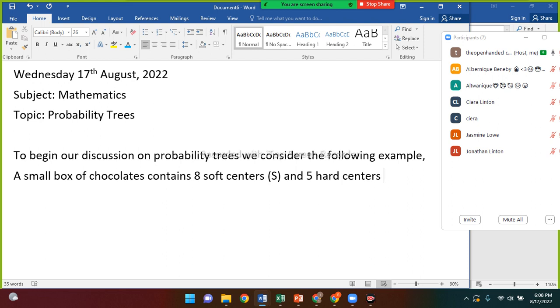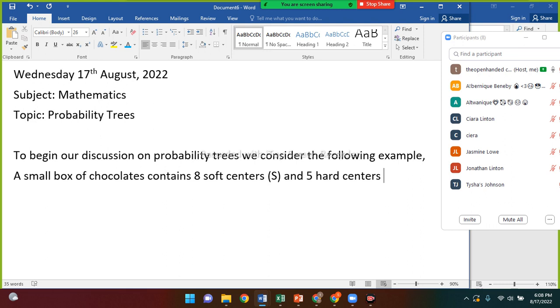So basically we're looking at this box which contains different types of chocolates. Some chocolates have a hard center, and some chocolates have a soft center. Now, which one do you prefer eating, the one with the soft center or the hard center? Sierra, which one do you prefer? Soft center. Okay.